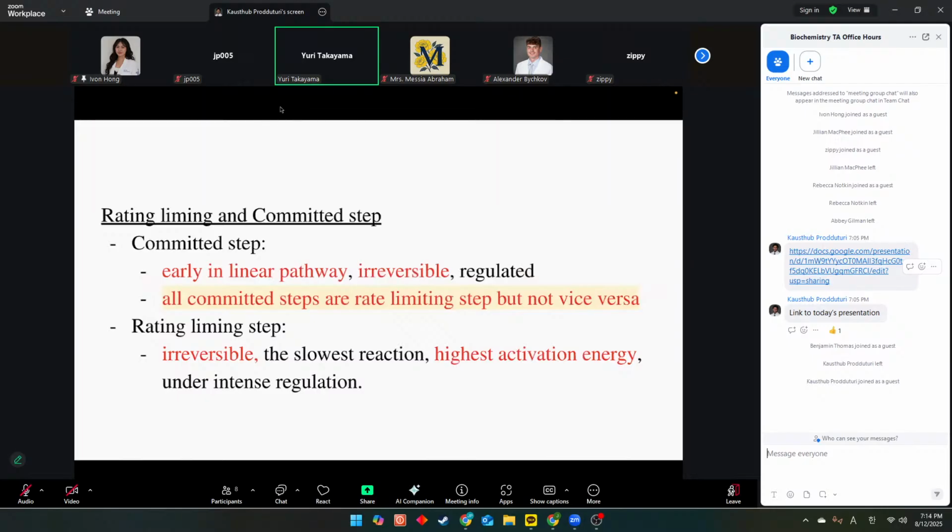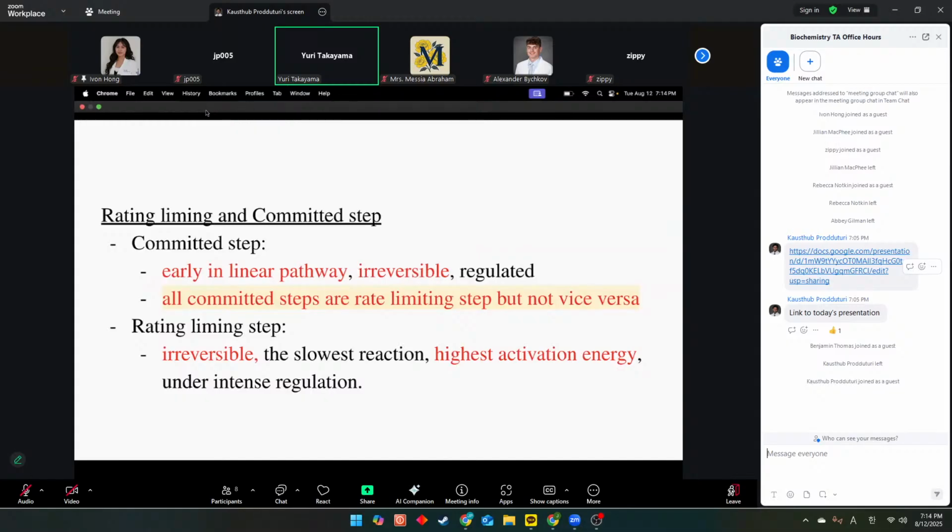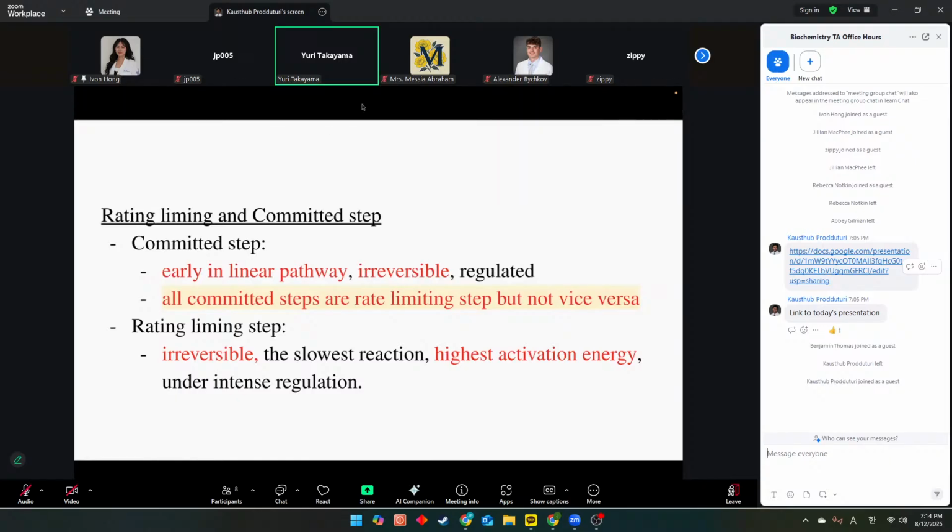Okay, and then you are required to know the difference between rate limiting and committed steps. A lot of people think these are the same, but it's actually not. They like to test the difference between these two, so make sure you know. A committed step happens early in a linear pathway. It's irreversible and highly regulated.